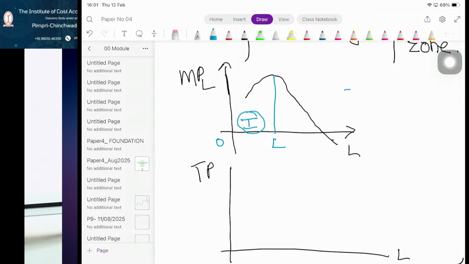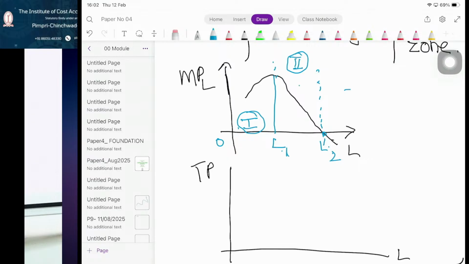And look here, till this point, let me call this L1 and L2. Between L1 and L2, marginal product is positive but it is falling. So this region is called stage 2 or the rational zone. This is the increasing zone. This is the rational zone.